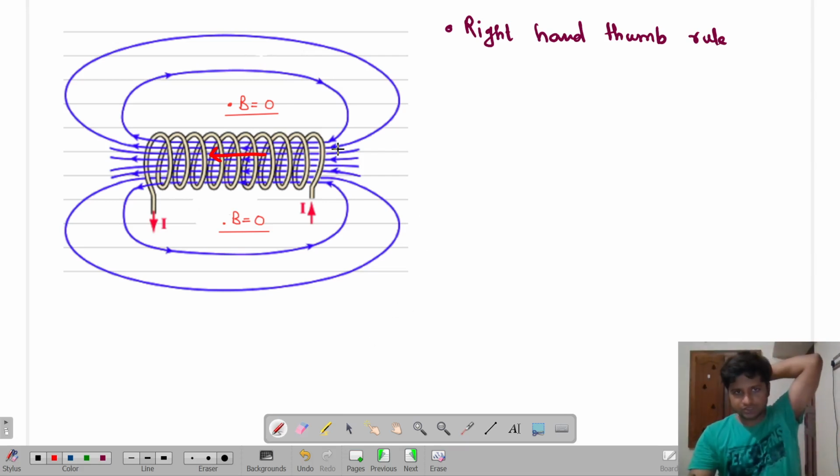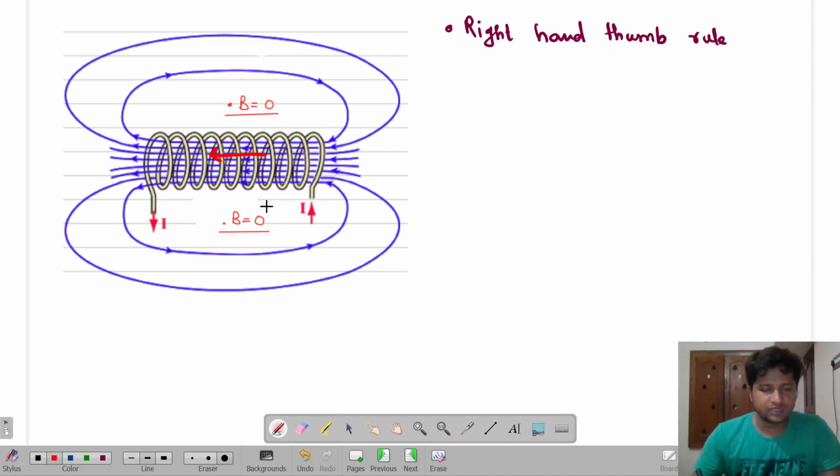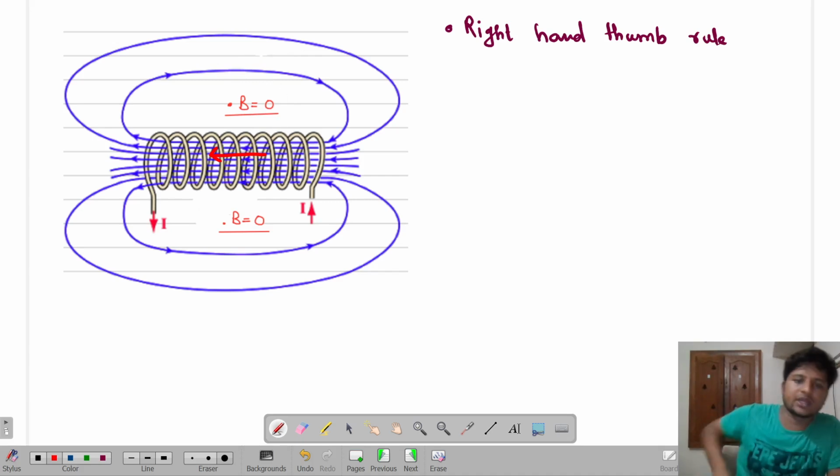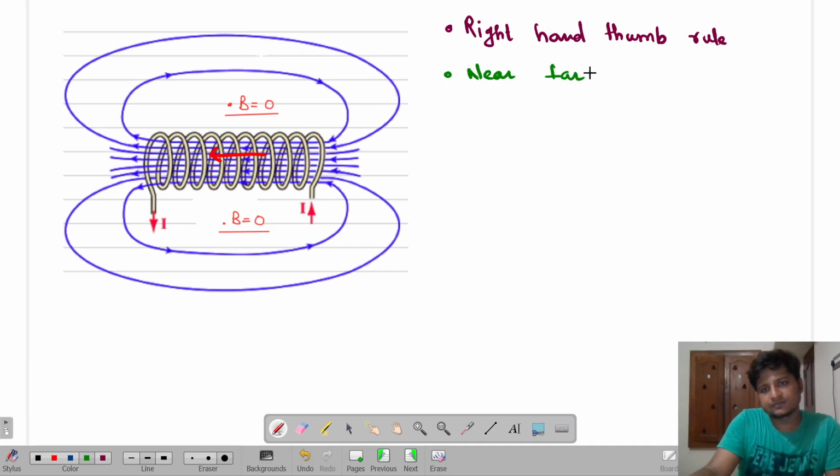Now, one of the most important things to remember is that although some magnetic field lines exist outside of the solenoid, at the gaps where the magnetic field line does not exist, we consider the magnetic field due to the solenoid at that point to be equal to how much? Zero. Are you able to get me or not? So remember that near the perpendicular distance of the solenoid, the magnetic field is zero.